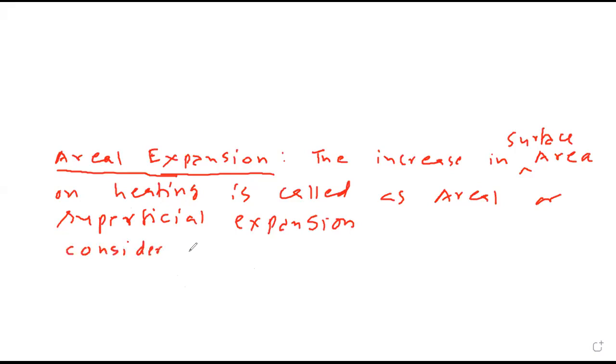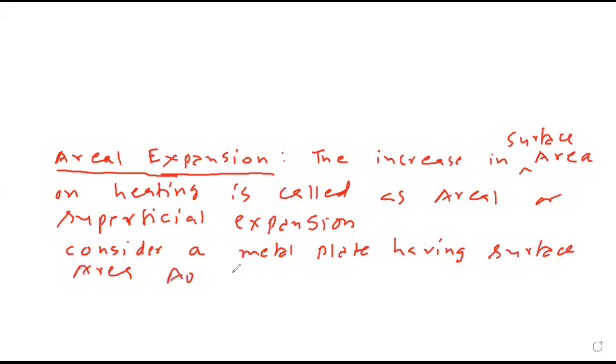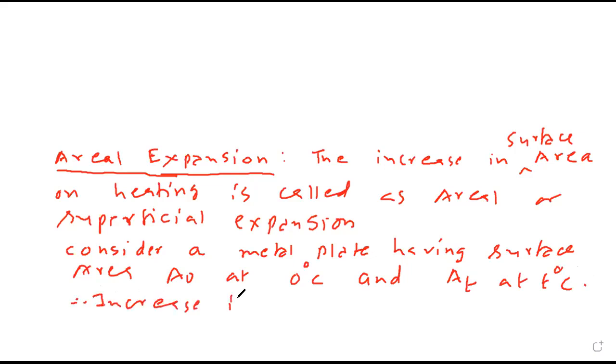Consider a metal plate having surface area A0 at 0 degrees Celsius and AT at T degrees Celsius. Therefore, increase in area equals AT minus A0.